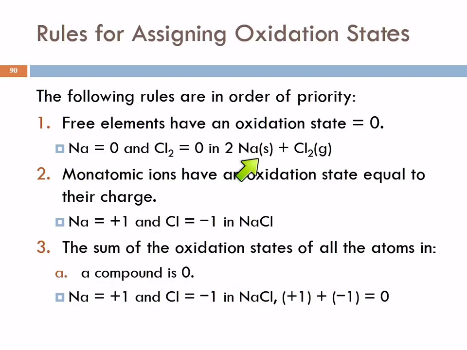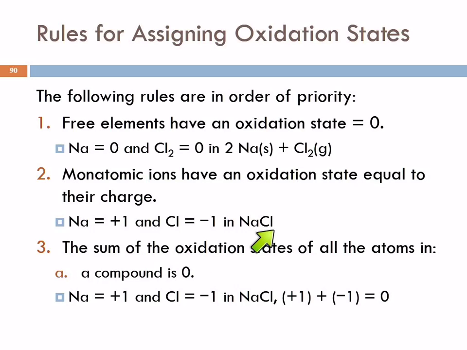In this reaction of sodium and chlorine, both of these have oxidation states of 0. If you have monatomic ions, their oxidation state is equal to their charge, the same number. So sodium ion in sodium chloride has a +1 ionic charge, and it has a +1 oxidation state.